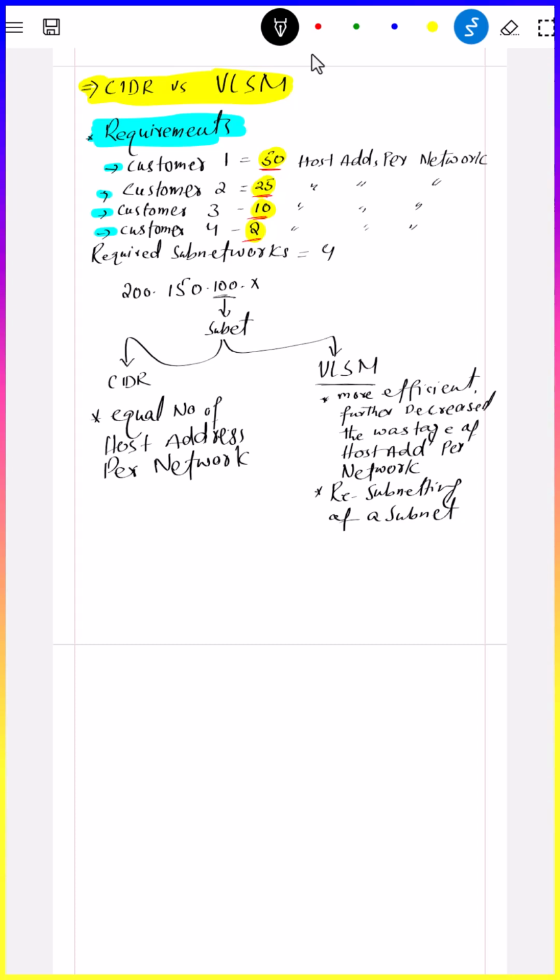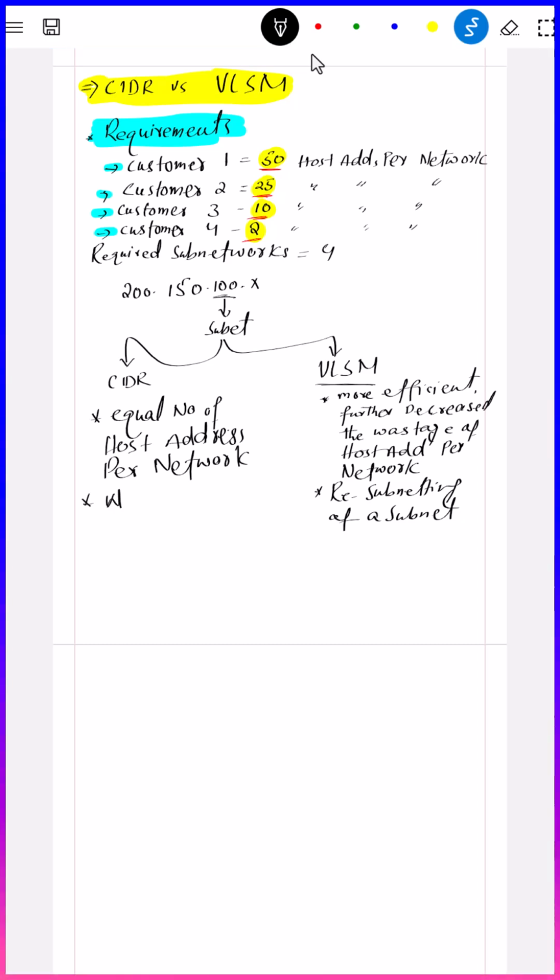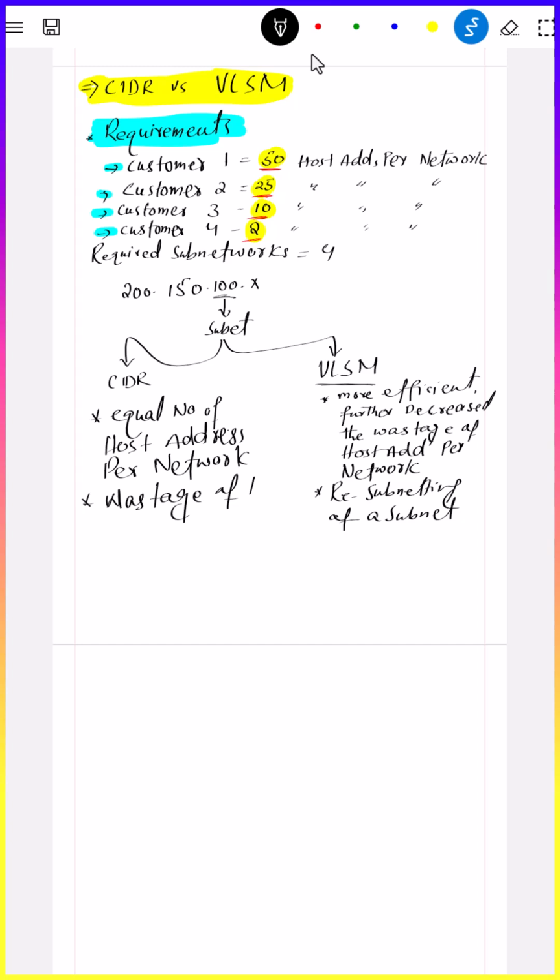It's not flexible, just like our requirements are different, but it's not flexible. It will give us an equal number of host addresses per subnetwork. So definitely it will lead us to wastage of host addresses per network.